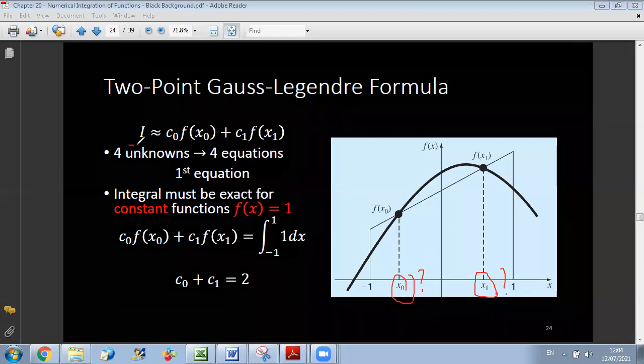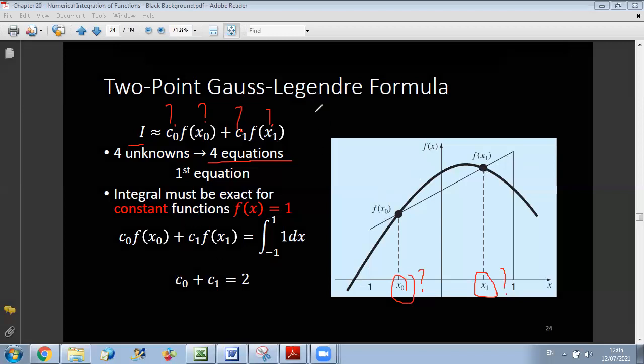So now, if we compute the integral as c0 f(x0) plus c1 f(x1), since we have the freedom to select x0 and x1, we have now 4 unknowns: c0, x0, c1, and x1. To find these 4 unknowns, we can write 4 equations. These 4 equations will impose that the integral be equal to the exact integral of 4 functions.